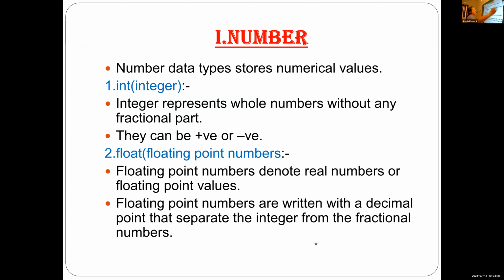In the number data type, the first division is int or integer. What is int or integer? Integer is a whole number, a number without a decimal point or without a fractional part.